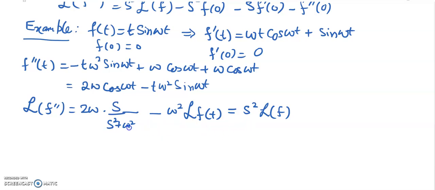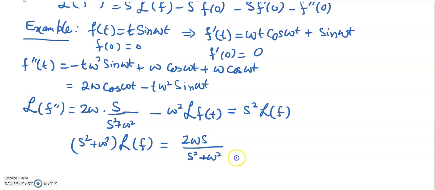We can represent this like this. If I take this Laplace of f on the other side, it will be s square plus omega square Laplace of f of t, and then it will be 2 omega s over s square plus omega square.